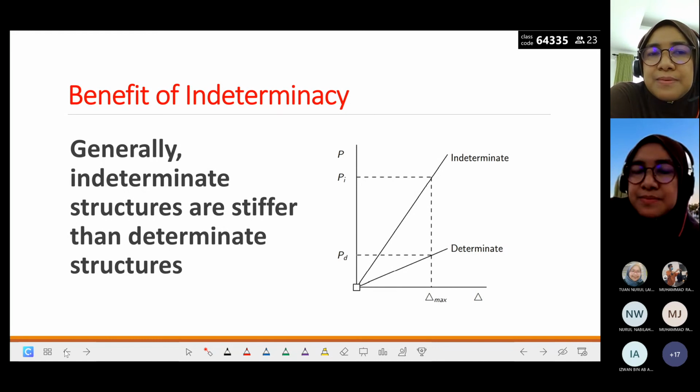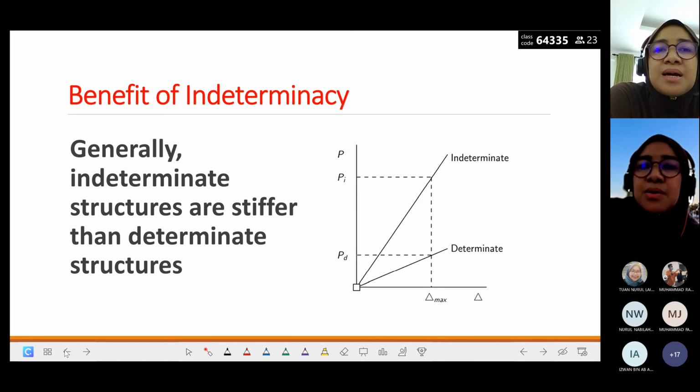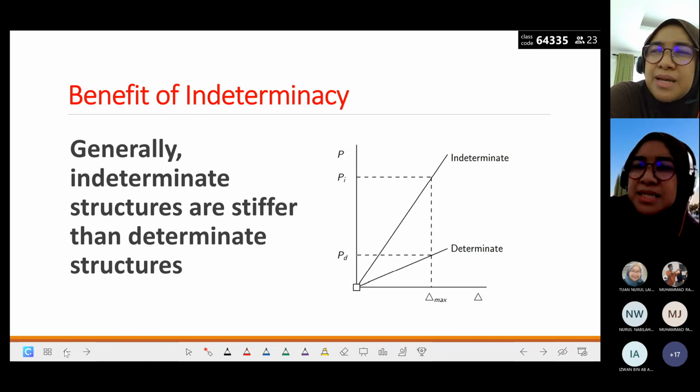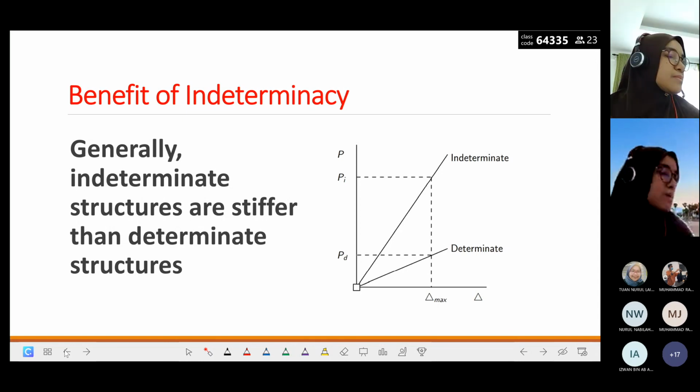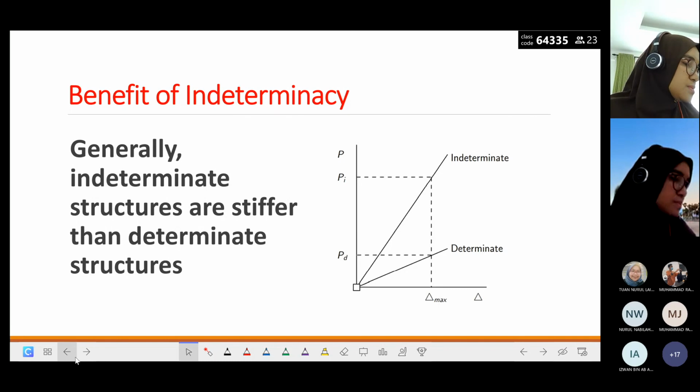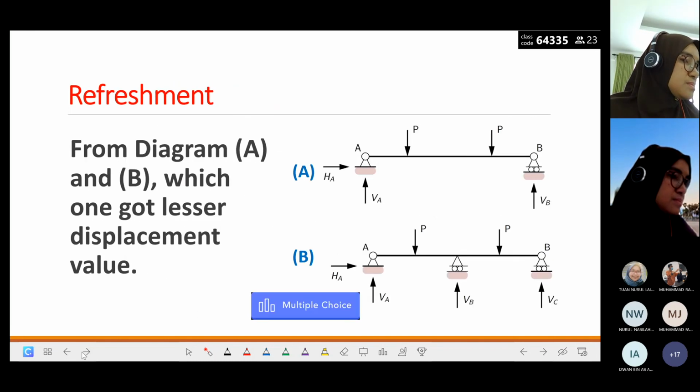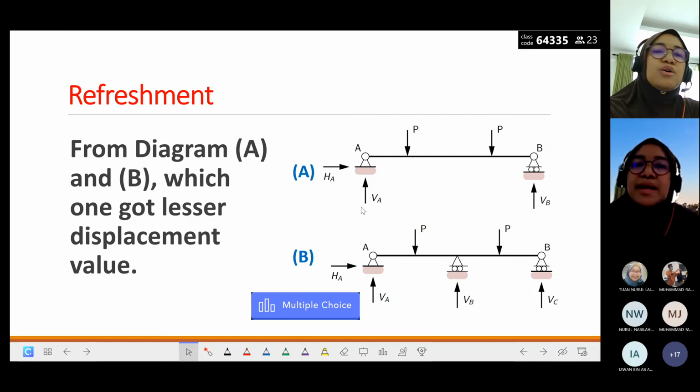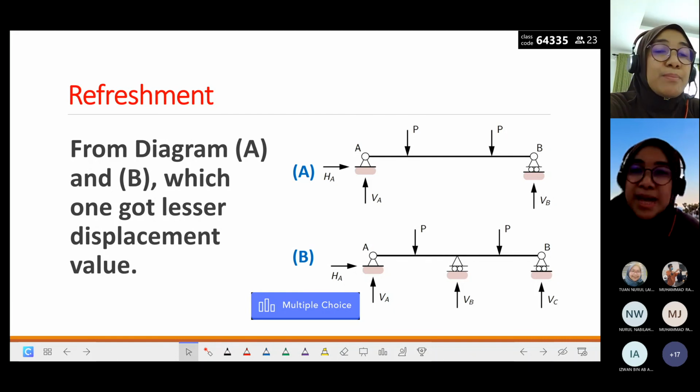Stiff and flexible? Yes, betul. Do you understand that in an indeterminate structure, when the structure is rigid, it will have less displacement? Can you imagine that? Yes. Okay.